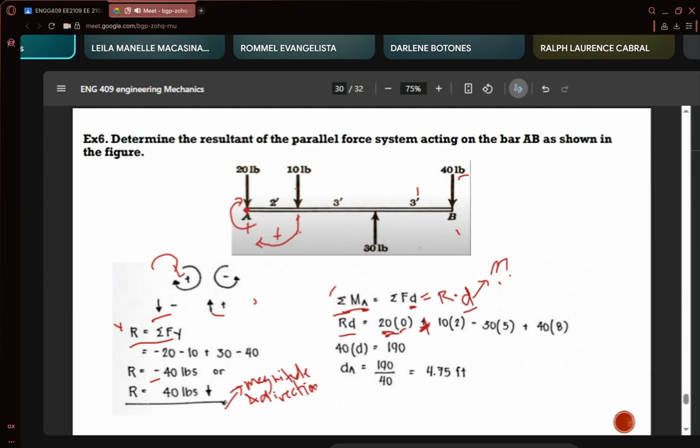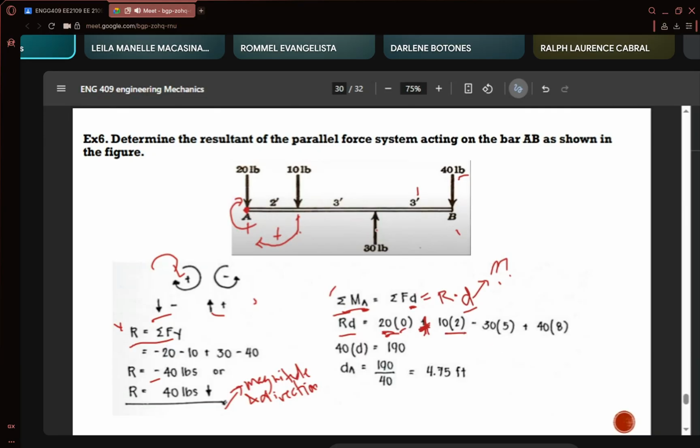So that's the technique: you extend the arrow and then curve it towards your fulcrum, your point of reference. That's why it's positive. So that's force times the distance. The force is 10 times the distance from A, which is 2 feet.